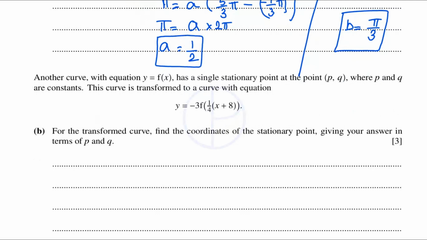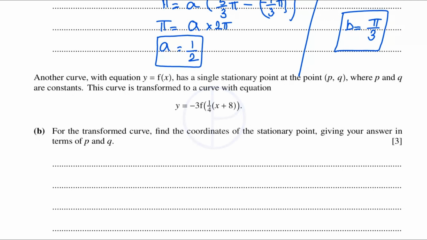The next part of the question is another curve with equation y is equal to f of x has a single stationary point at the point p comma q where p and q are constants. This curve is transformed to a curve with equation y is equal to negative 3 multiplied by f of 1 over 4 multiplied by x plus 8. For the transformed curve, find the coordinates of the stationary point, giving your answer in terms of p and q.